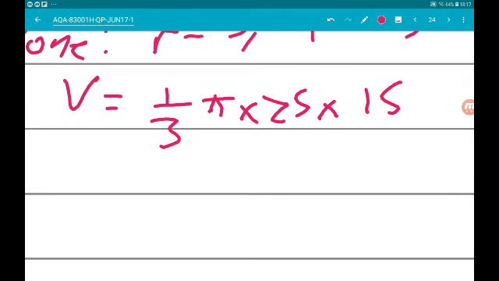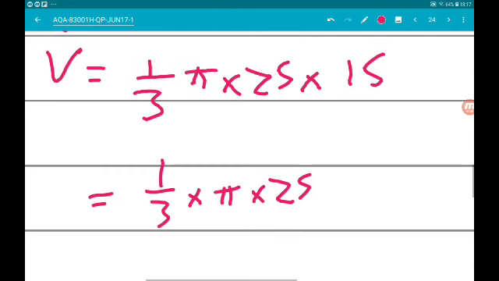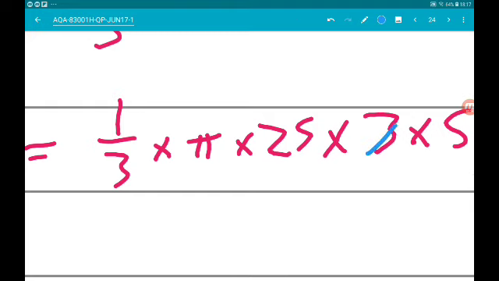We've got the 1/3 times pi times 25, and we can think of 15 as being 3 times 5. Now what's going to happen here, because everything is being multiplied together, this 3 and this 3 cancel out.